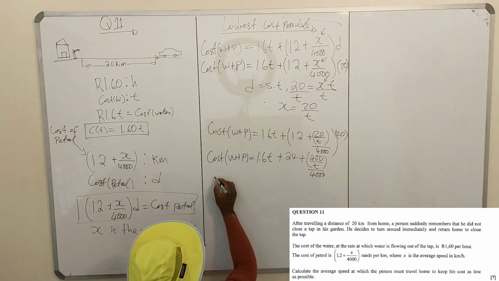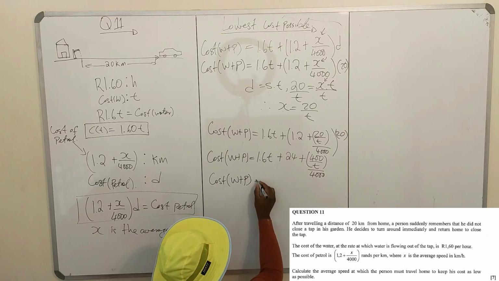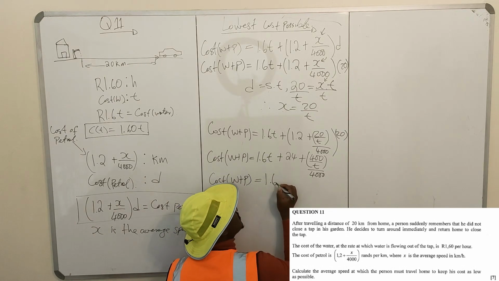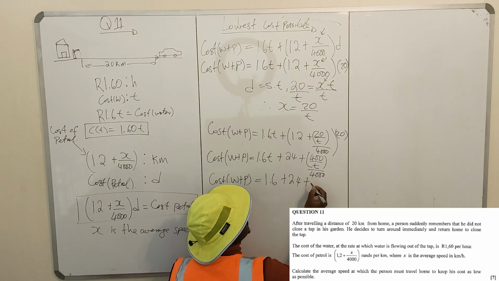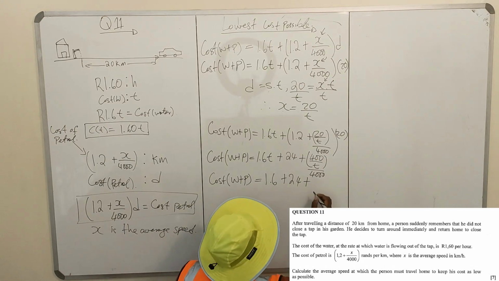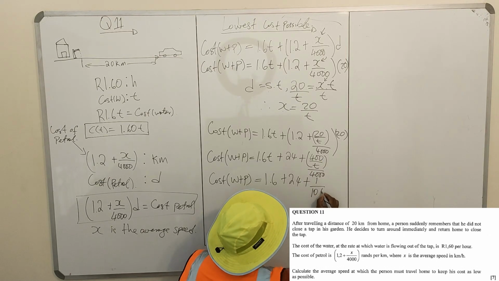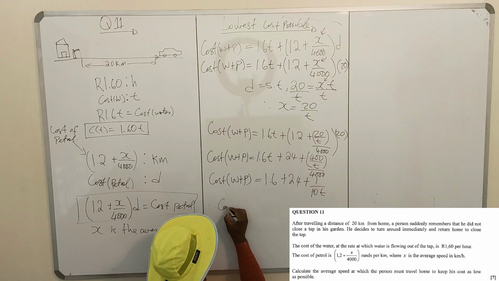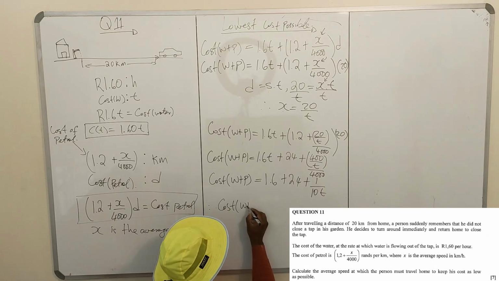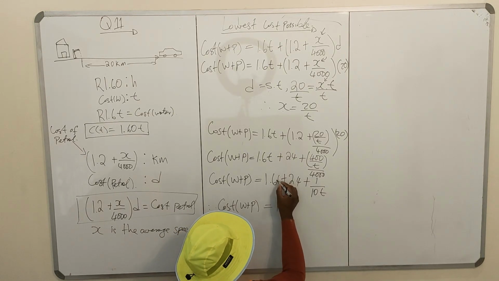So let's simplify: the cost is 1.6t plus 24 plus this. What is 400 over 4,000? It's 1 over 10, so the answer of this is 1 over 10t. So your cost of water plus petrol, which is a function of time, is 1.6t. There should be a t here.